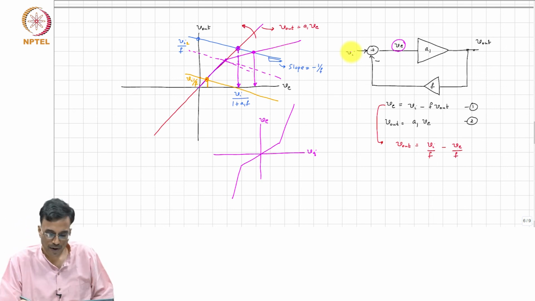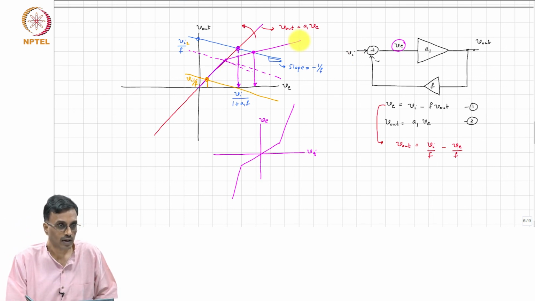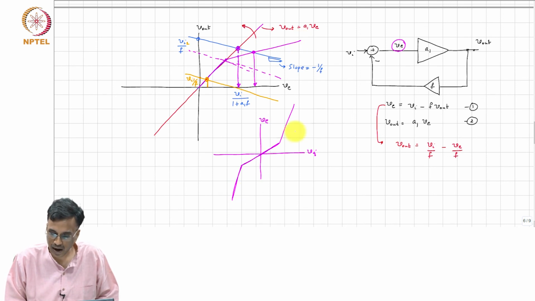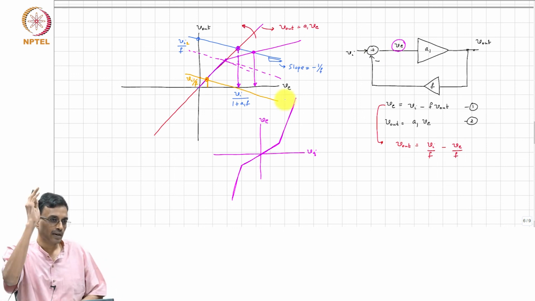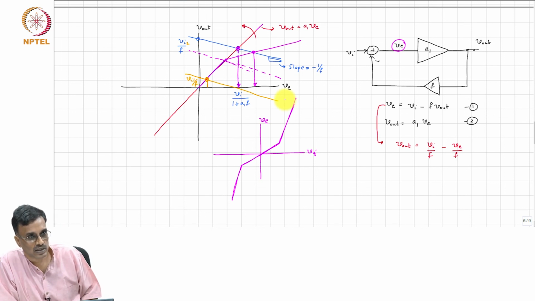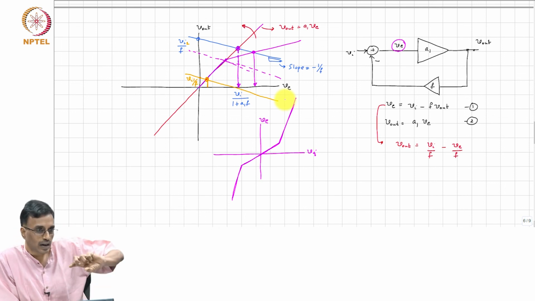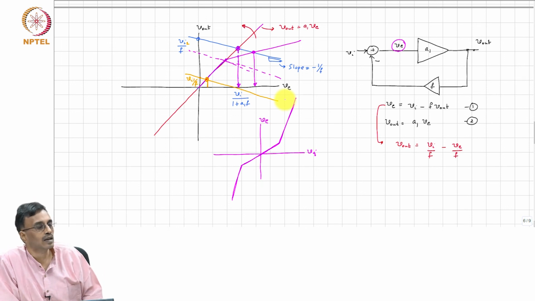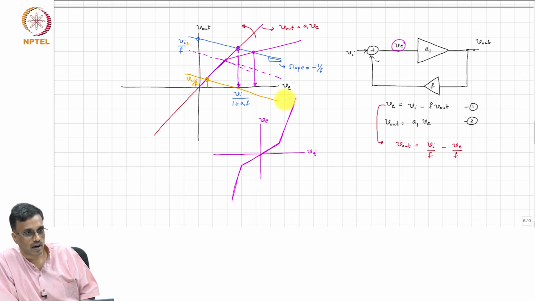So, if the amplifier characteristic is compressive, the error voltage developed at the input of the amplifier becomes expansive, because the negative feedback loop is trying its best to undo the nonlinearity of the amplifier.